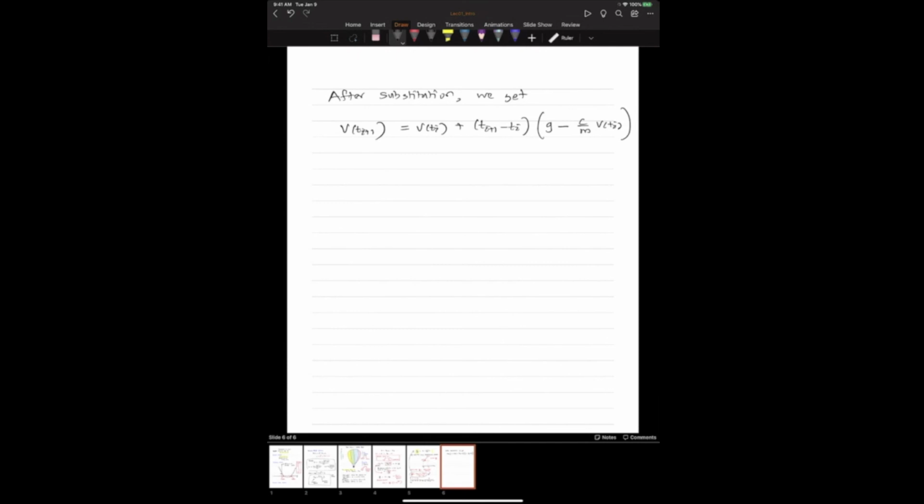Now, if you notice this quantity, this is new velocity, and this is old velocity.